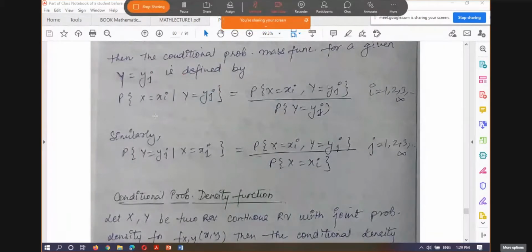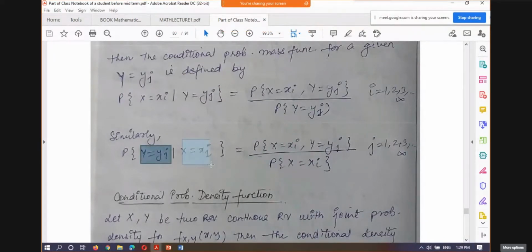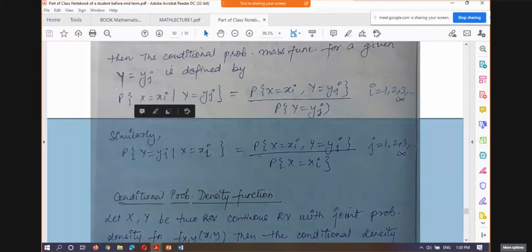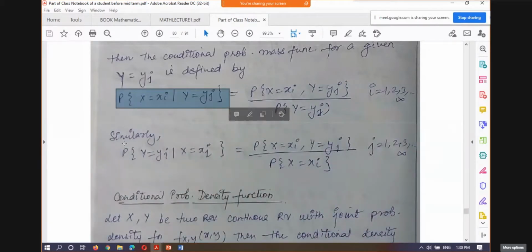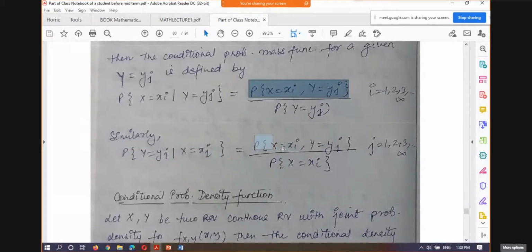Similarly, if someone wants to know the probability of Y equal to yj for given X equal to xi, again it is A intersection B divided by probability of B, where B is X equals xi. So these are known as the conditional probability mass functions. This one is the joint probability mass function of x and y, this one is the marginal probability mass function of y, and this one is the marginal probability mass function of x.